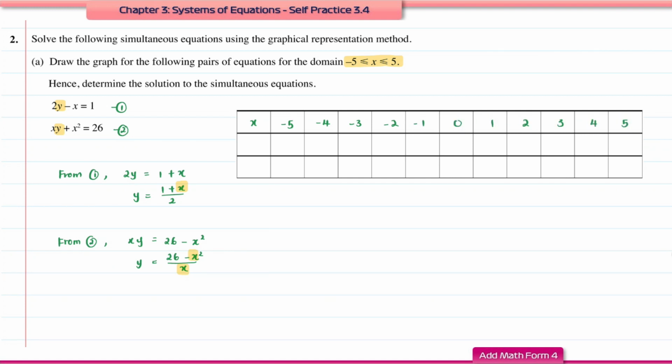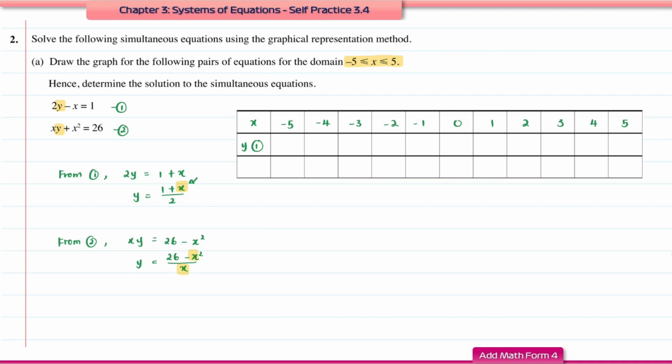And first we want to find the coordinates y for equation number 1. So you just need to substitute -5 into x, where we already let y become the subject of the formula.